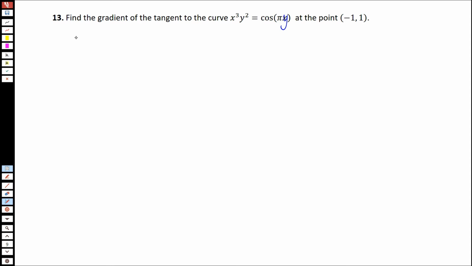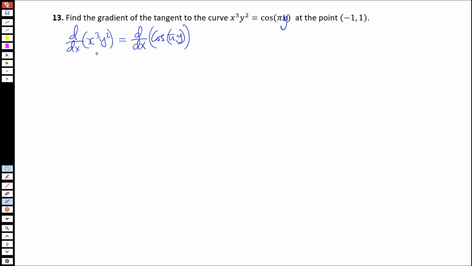So we differentiate implicitly. So the derivative of x cubed y squared should be equal to the derivative of cosine of pi y, and let's just put that in brackets. Now a few things here.